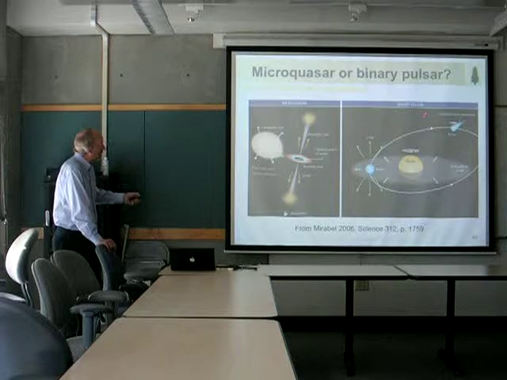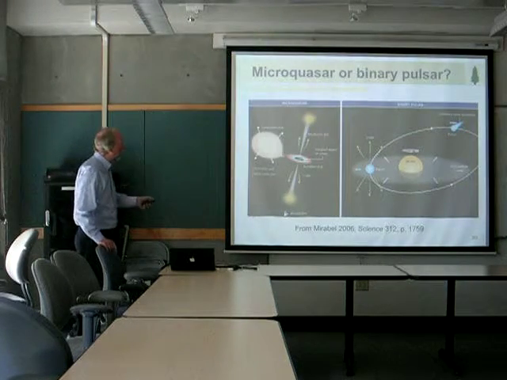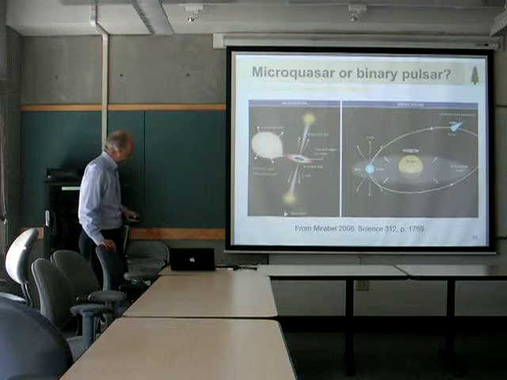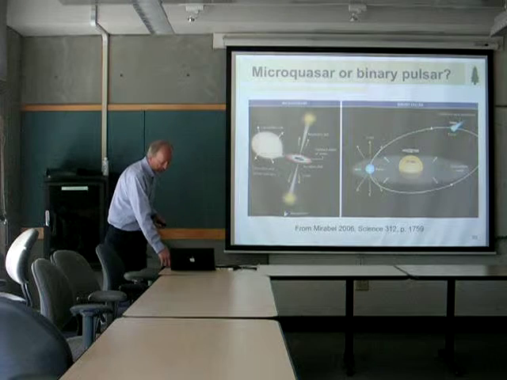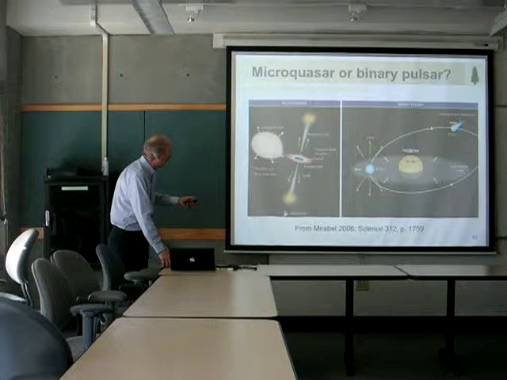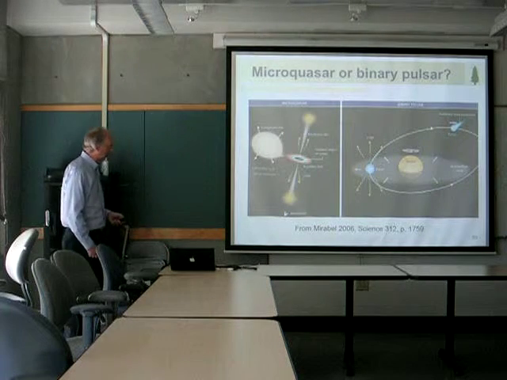So this is the so-called binary pulsar scenario, and it's still open for debate which type of system this particular object is. But by getting more and more detailed observations, we can try to test these two models and ultimately figure it out.